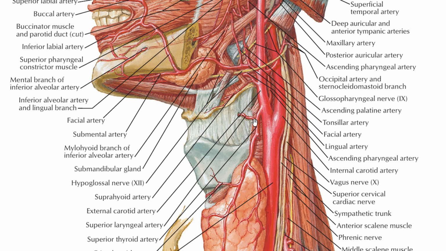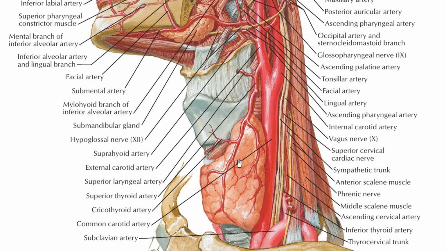So it is moving anterior inferiorly and supplying the thyroid gland, the anterior surface of the thyroid gland. Each lobe on either side is being supplied by the superior thyroid.